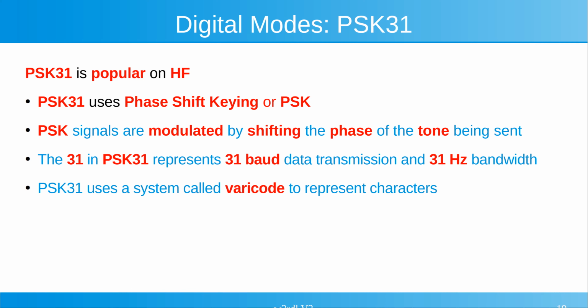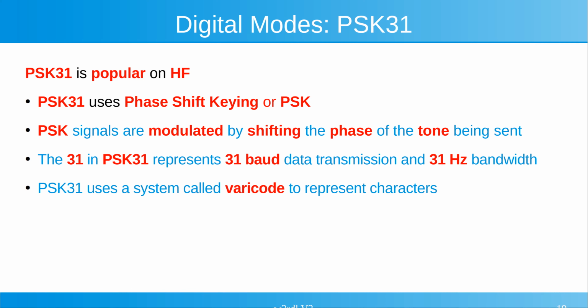It has one of the narrowest bandwidths. It's called PSK 31 because it has 31 hertz bandwidth. It's also a 31 baud data transmission, which is how many symbols per second is being sent.